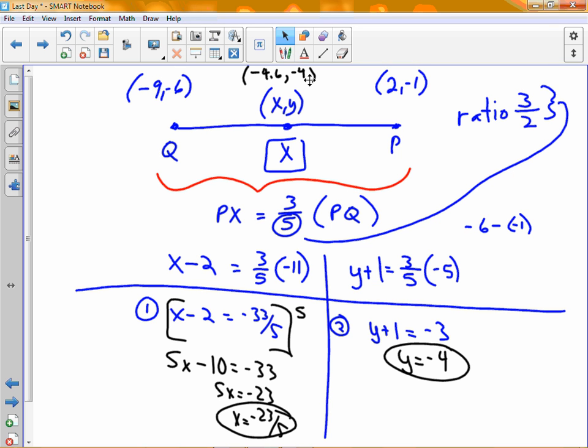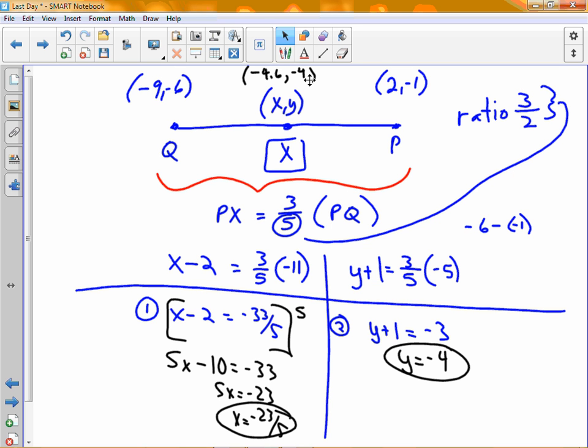And that's what you're looking for. And then this distance would be 3 times that distance. That's a lot of work. It's a goofy little problem right there. That's been good.